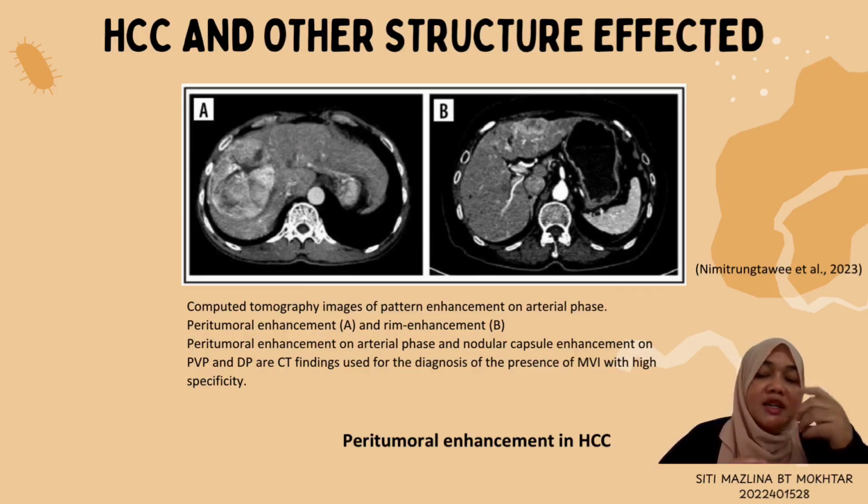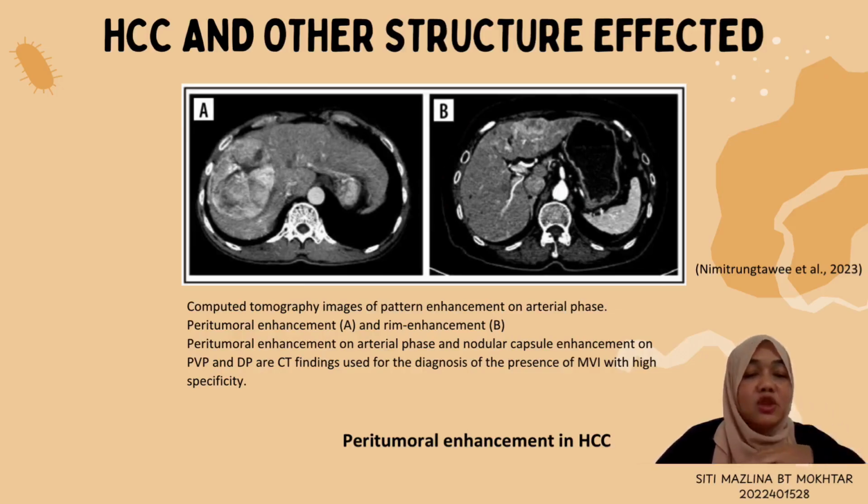In image B, the tumor shows ring enhancement, where the outer border enhances more than the center. This can indicate microvascular invasion, meaning the cancer may be spreading into small blood vessels. Both of these enhancement patterns are important signs that help confirm HCC and assess how aggressive the tumor is.